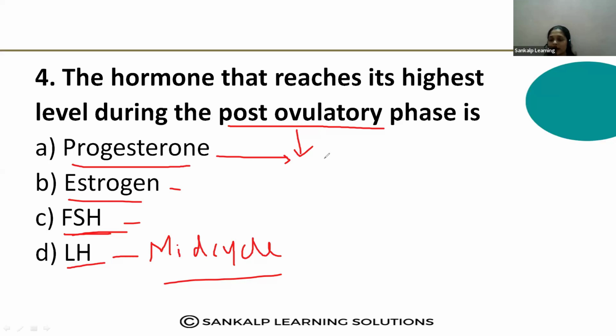Progesterone is secreted by which part of the ovary? Progesterone is secreted by the corpus luteum. Corpus luteum is formed by the ruptured Graafian follicle.